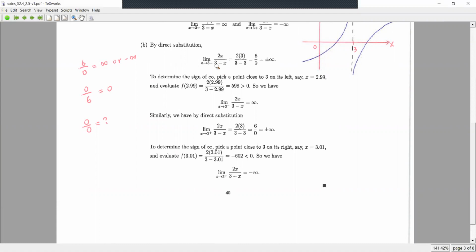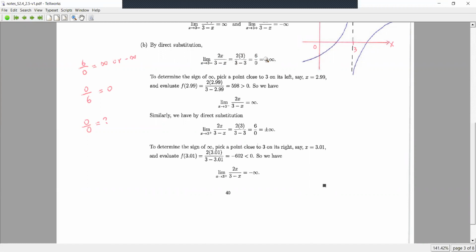To find this limit by direct substitution, plug in the number 3 for x. Then this limit is this number. This number is 6 divided by 0. A non-zero number divided by 0 should be infinity, either positive or negative infinity.